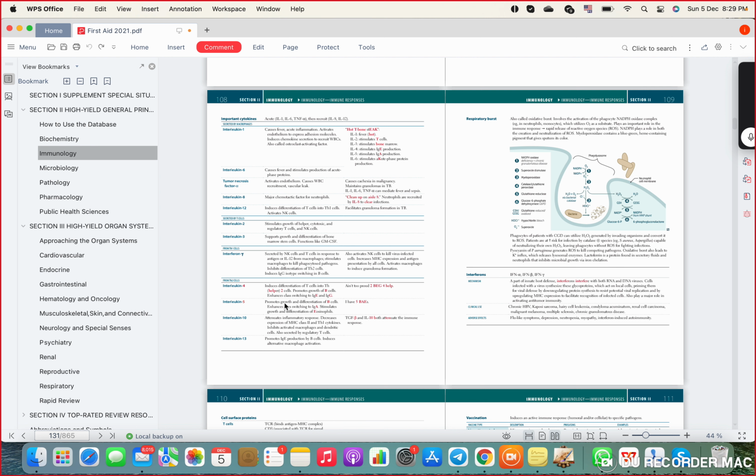Excellent. And interleukin 13? What is 13, doc? Oh my god. IgE production, it comes under the Th2 also. IgE production, yeah.